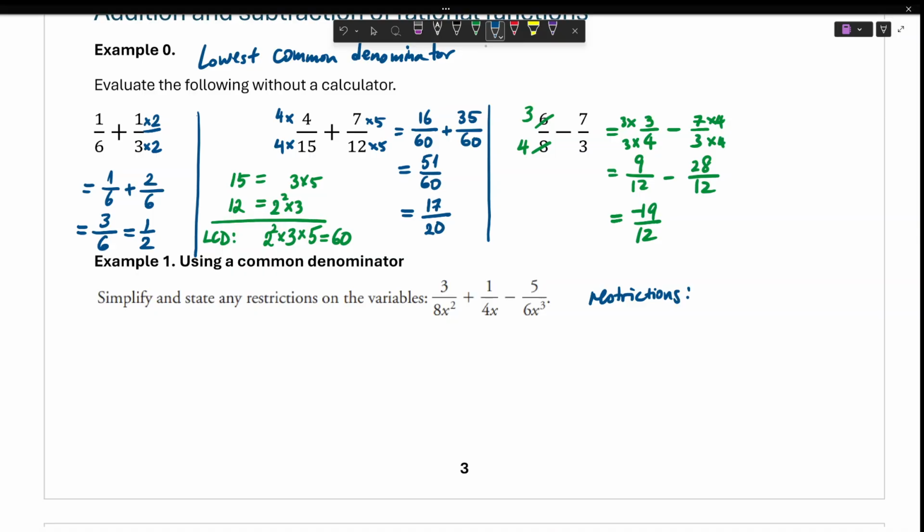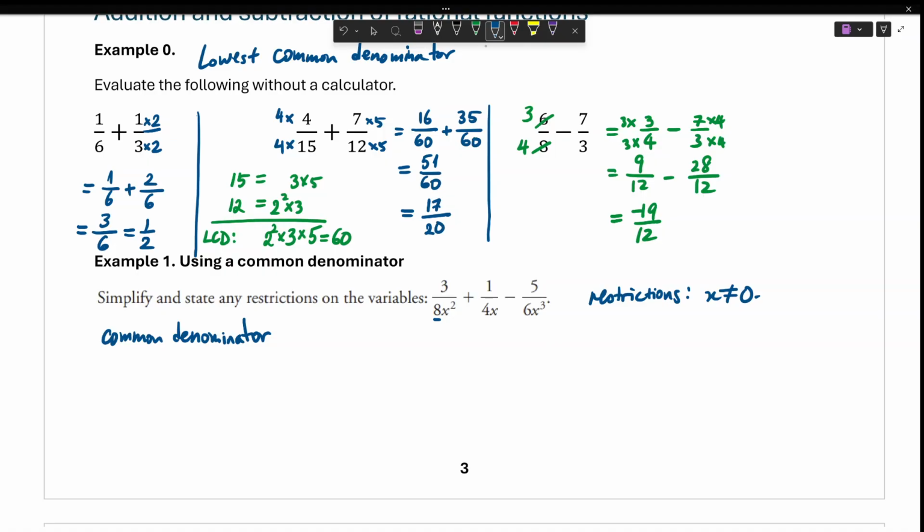So in each case, that just means that x can't be 0. Let's think about a common denominator. So in principle, you could just multiply them all together, but that's maybe not that smart because you'll end up with a lot of extra stuff that you don't need in there. So let's take a look at each thing.